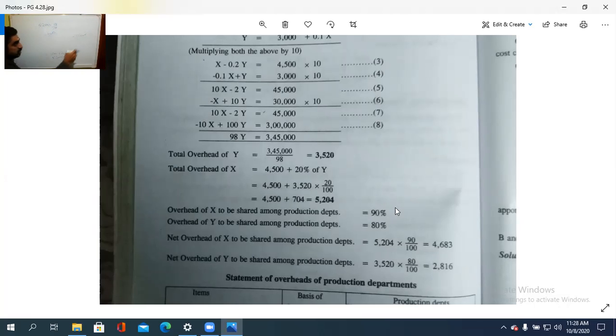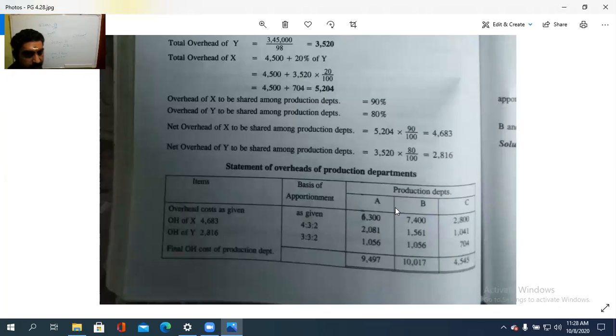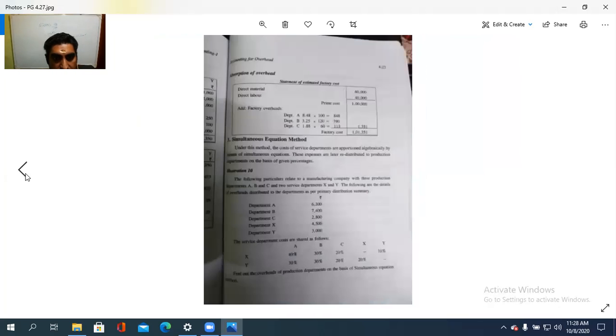And the other one, 3520 into 80%, so it is 2816. So 4683 and 2816 are the net overheads to be apportioned. Then the overhead cost as given in the question for A, B and C: 6,300, 7,400, 2,800.